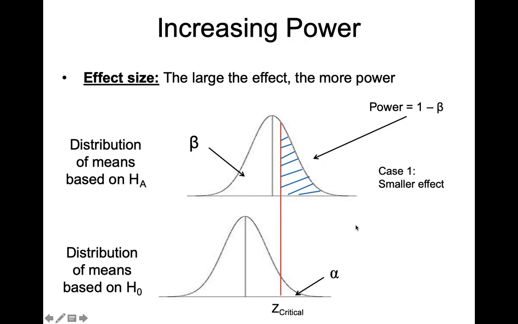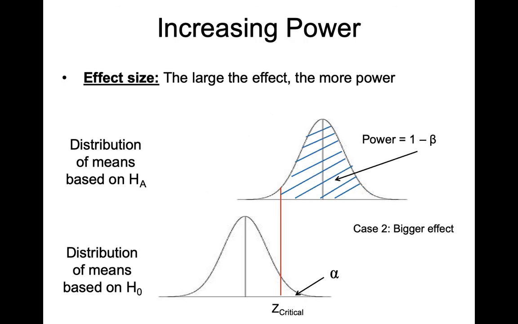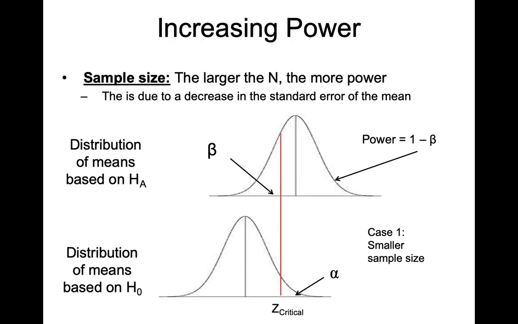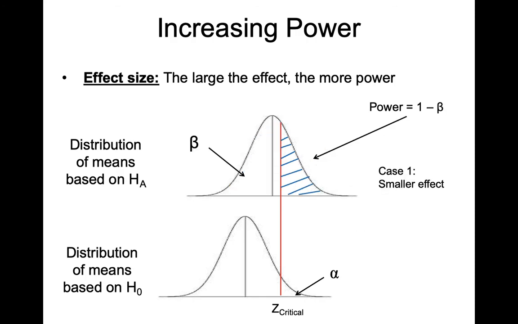What happens if we have a larger effect? We're shifting over that distribution even more. If there's a big effect on raising test scores, you can think about moving from 150, let's say this was our first example, shifting over to say 153.